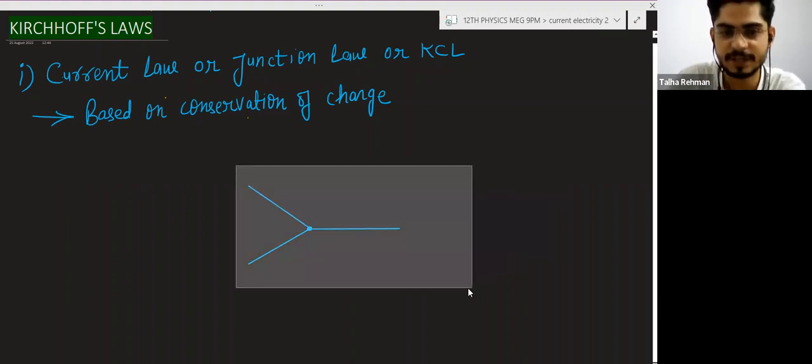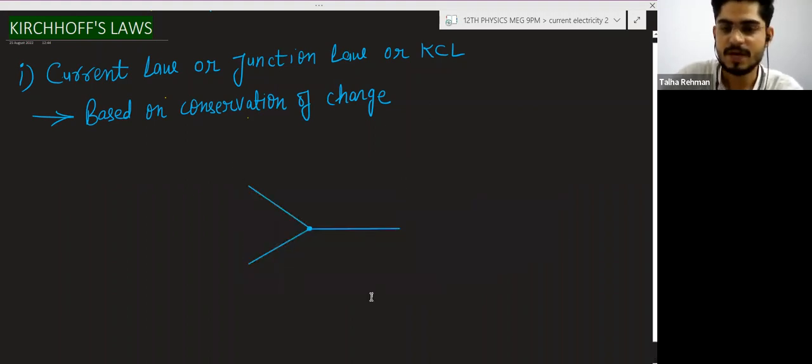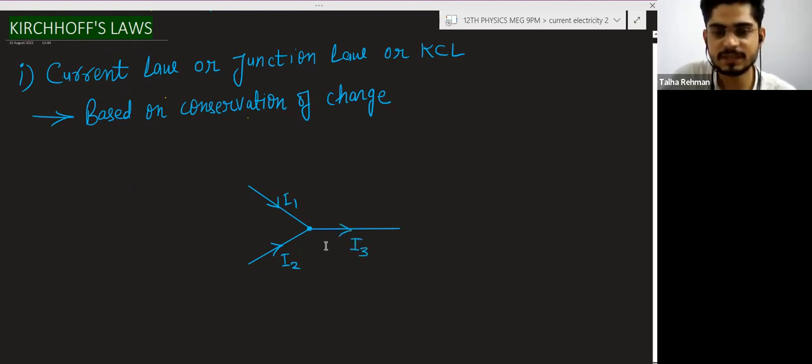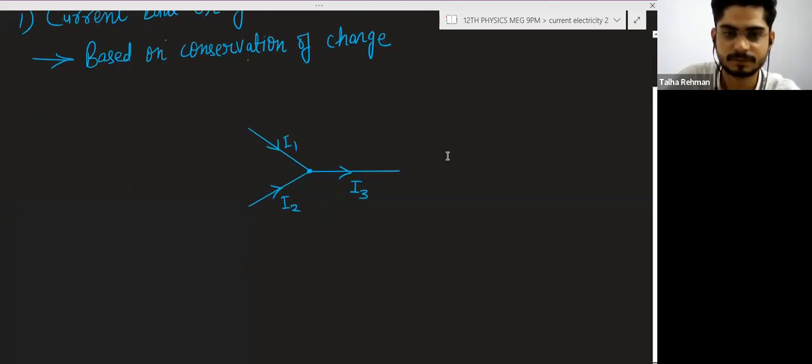There are three wires here, you can see. And suppose there are currents accordingly. Here I1 current is flowing in this direction, and I2 current is flowing in this direction, and I3 current is flowing in this direction. And this is the junction of three wires.